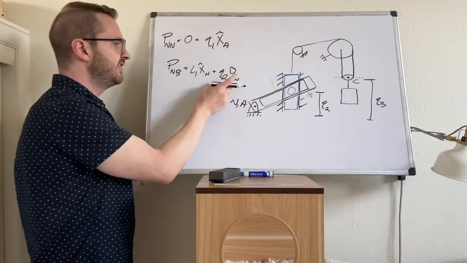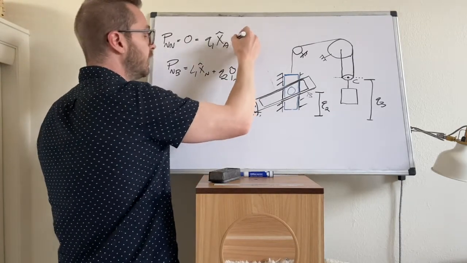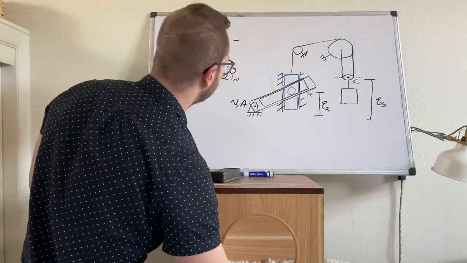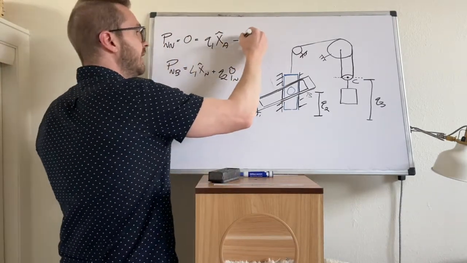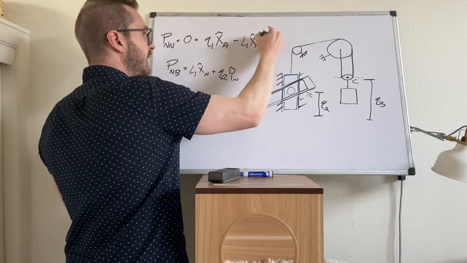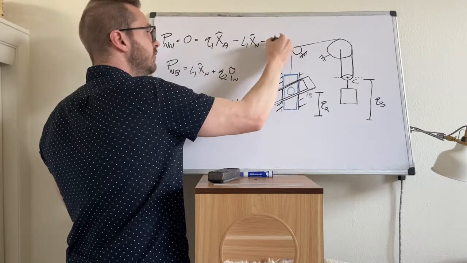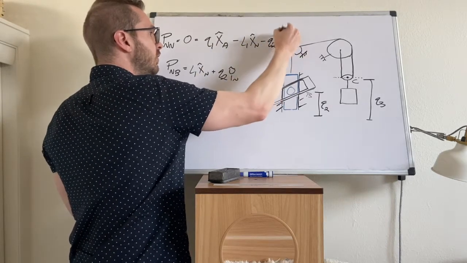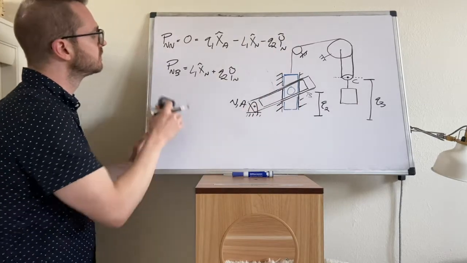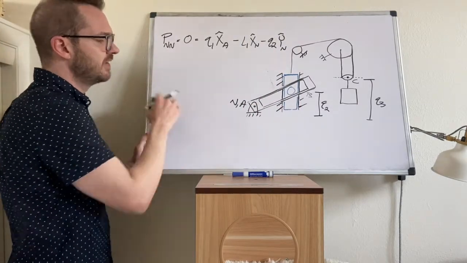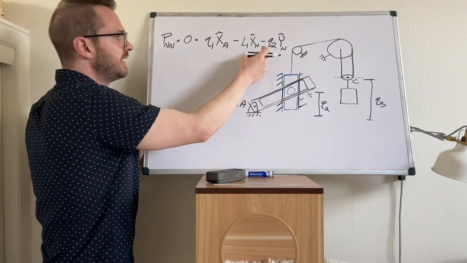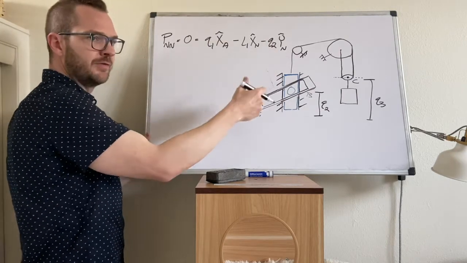So the reverse then is negatives on both of these. So minus L1 x hat n and minus Q2 y hat n. And of course, in this case, Q2 is negative because we've taken the negative of the defined position vector.